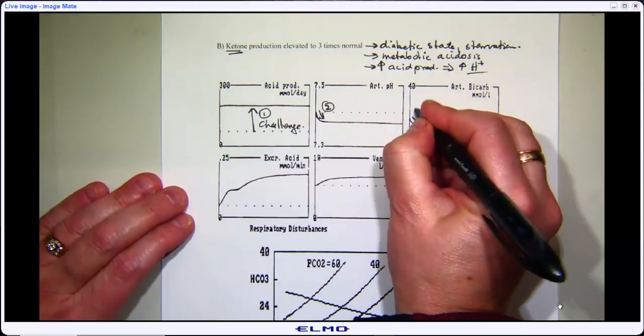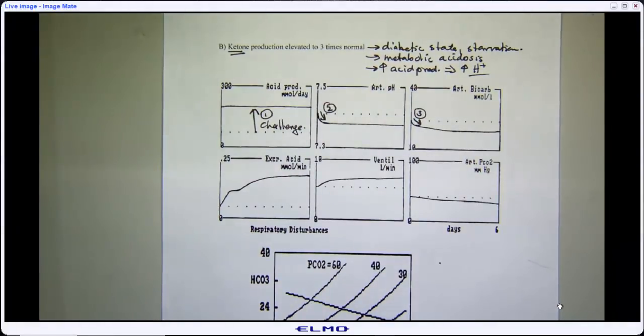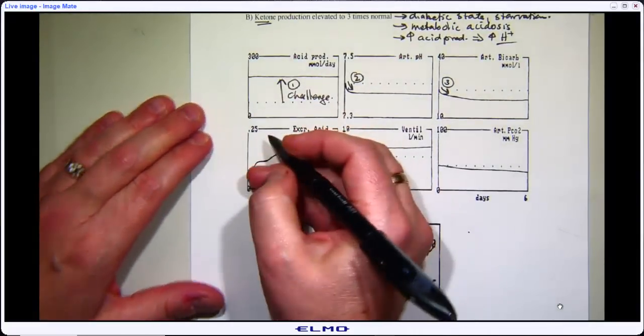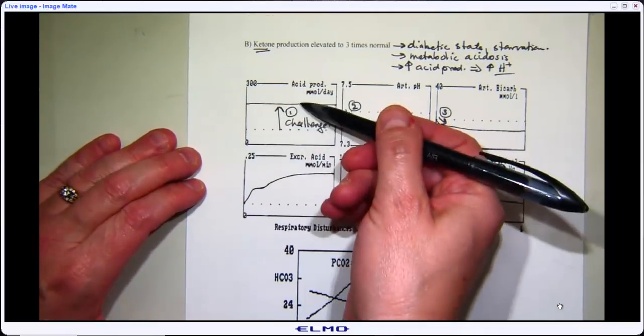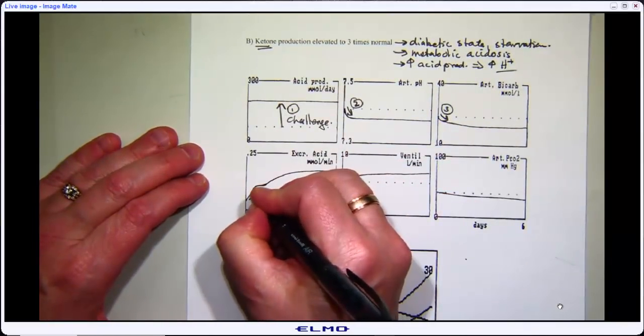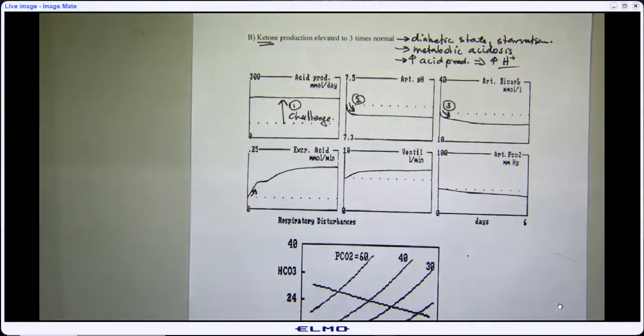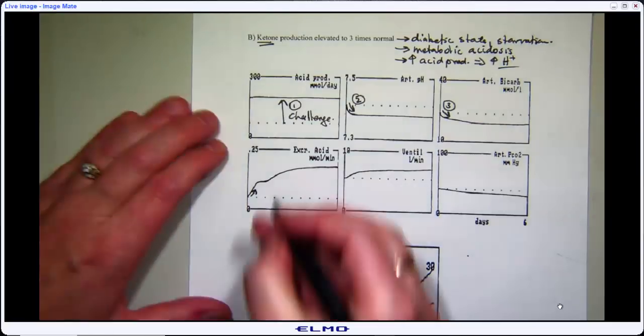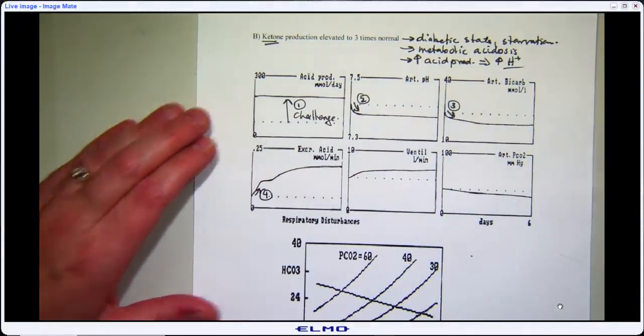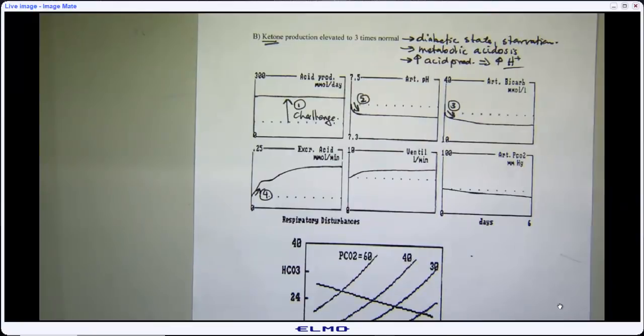This is not renal compensation. This is bicarb being a buffer, right? And since we've got an increase in acid in the system, immediately on a very early time scale, we should see the kidney filtering more acid, therefore excreting more acid.